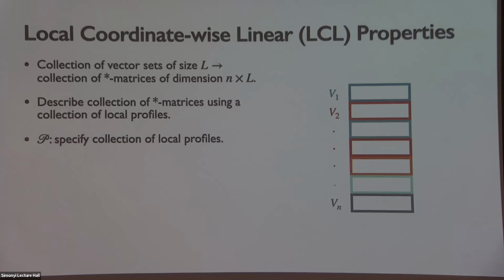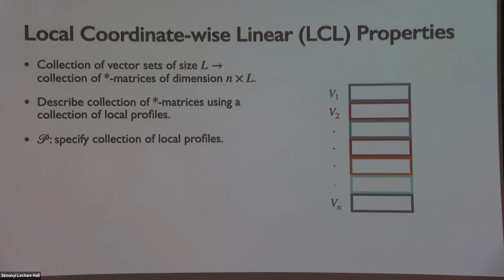The star just says that the columns are distinct. That's the only thing. It's nothing fancy. And then to specify my bad vector sets, I can specify them by bad star matrices, and those bad star matrices are specified by these local profiles.